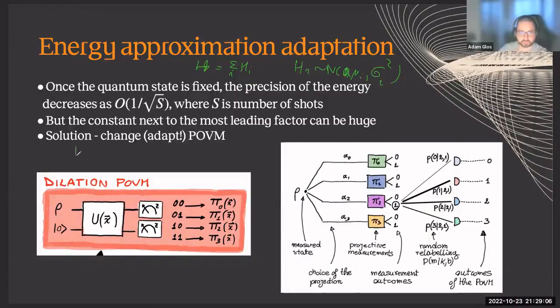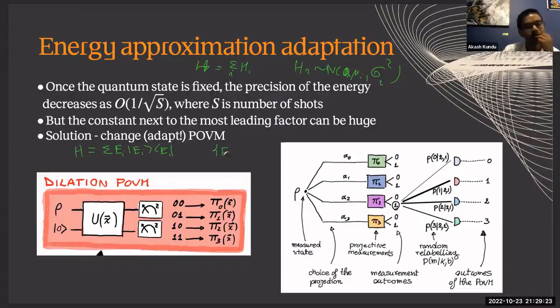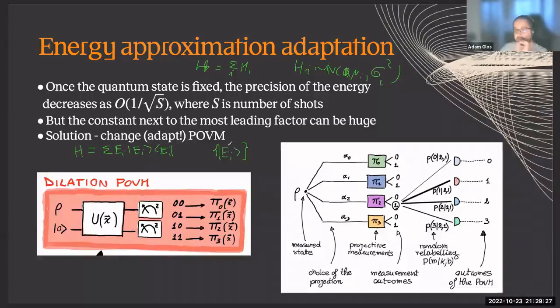But for example, if we have a Hamiltonian of this form, so we know its eigen decomposition, and if we would measure in this basis, then we will have only a single random variable, which will again follow this normal distribution.